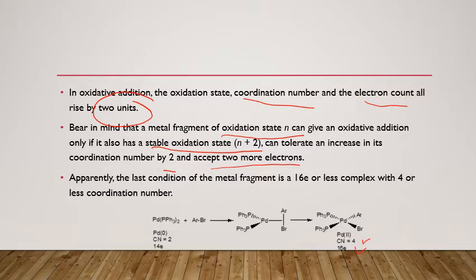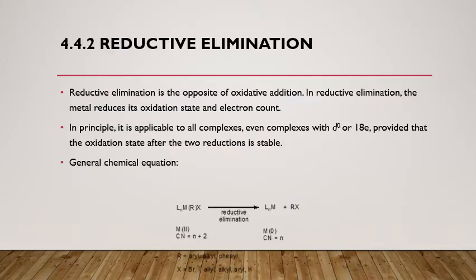Okay, the reductive elimination is a reaction opposite to the oxidative addition that has been mentioned earlier. In reductive elimination, the metal reduces its oxidation state and electron count.